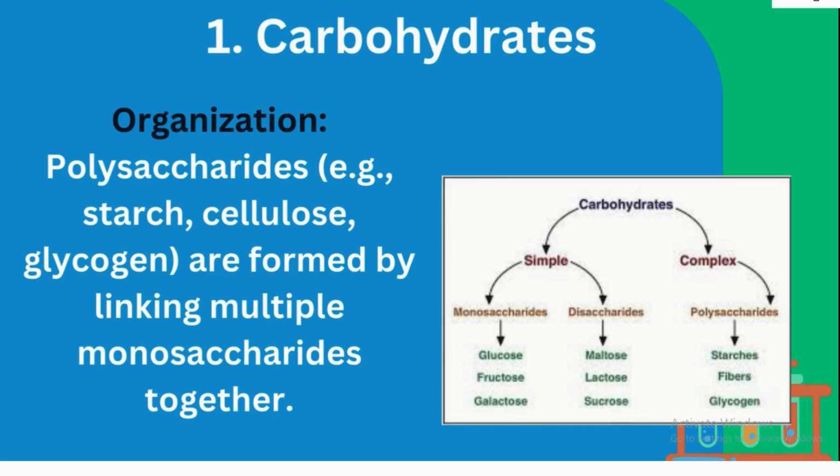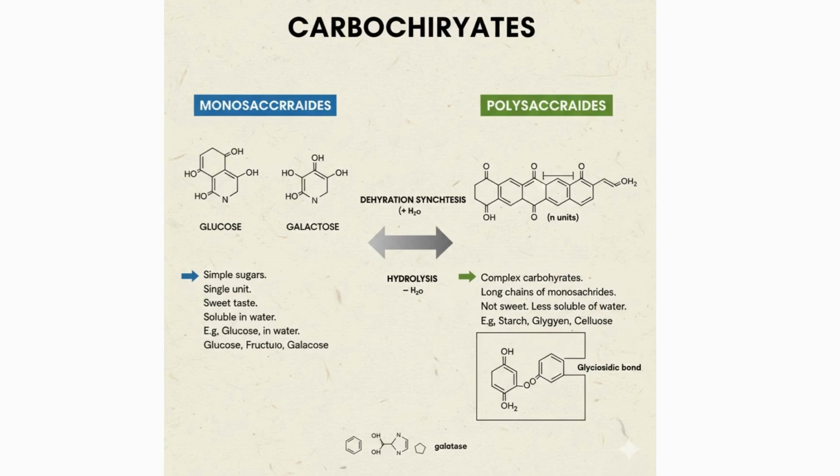When the monosaccharides combine with each other, they make the large chain of the polysaccharide, which consists of the starch, fibers, and the glycogen molecules. This is the general diagram of the monosaccharides, disaccharides, and polysaccharides.